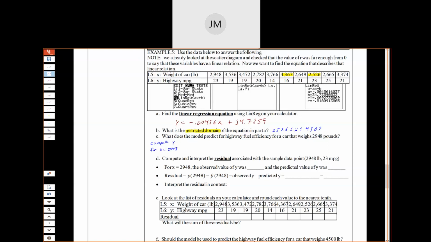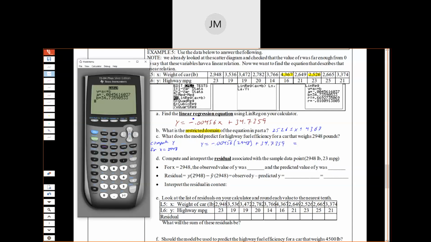It's in the right range of values. So now I can just plug it into my equation for a line. y equals negative 0.00456 times 2948 plus 34.7359. And I'm going to use my calculator, of course, to do that.